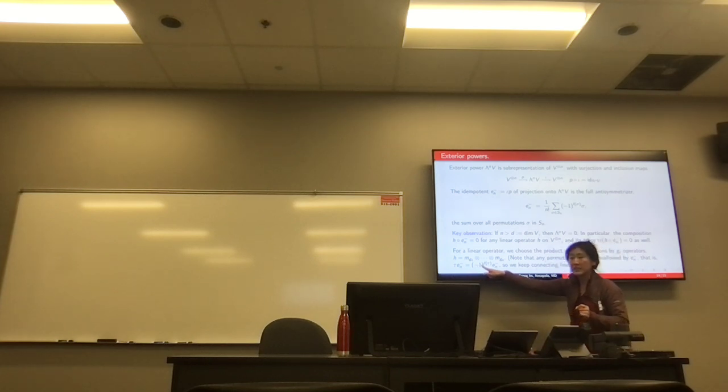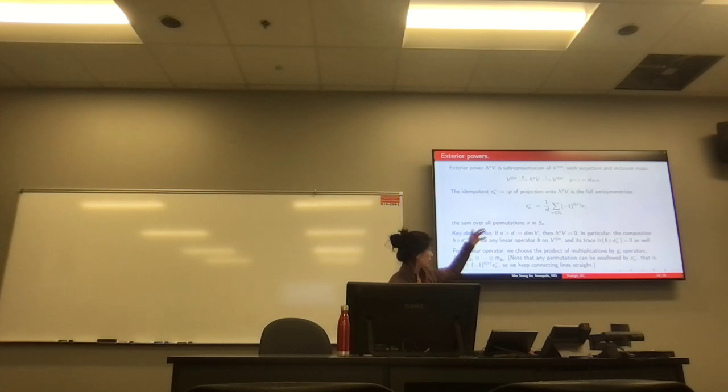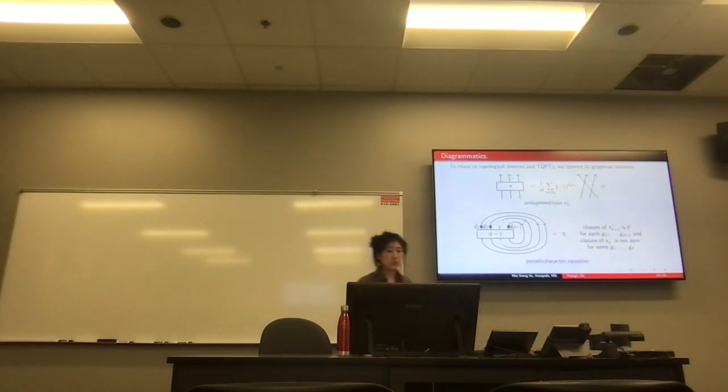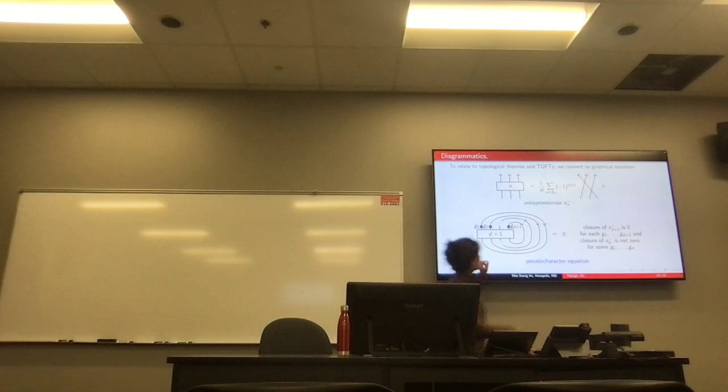That's equal to a sign, (-1) to the length of tau, times the full anti-symmetrizer. So we can keep the connecting lines straight. In the next slide, we have a diagrammatic picture that goes with this. If you want to relate this to topological theory and TQFT, we're going to convert this to this graphical notation.